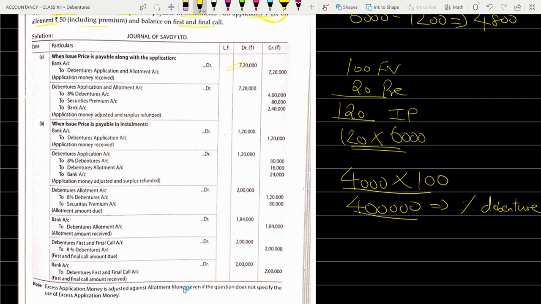The next one, those 2000 debentures are now not going to be used anywhere. Okay, those 2000 debentures are not going to be used anywhere. Is it clear to you? We are not going to use those 2000 debentures anywhere. So you are going to refund it.